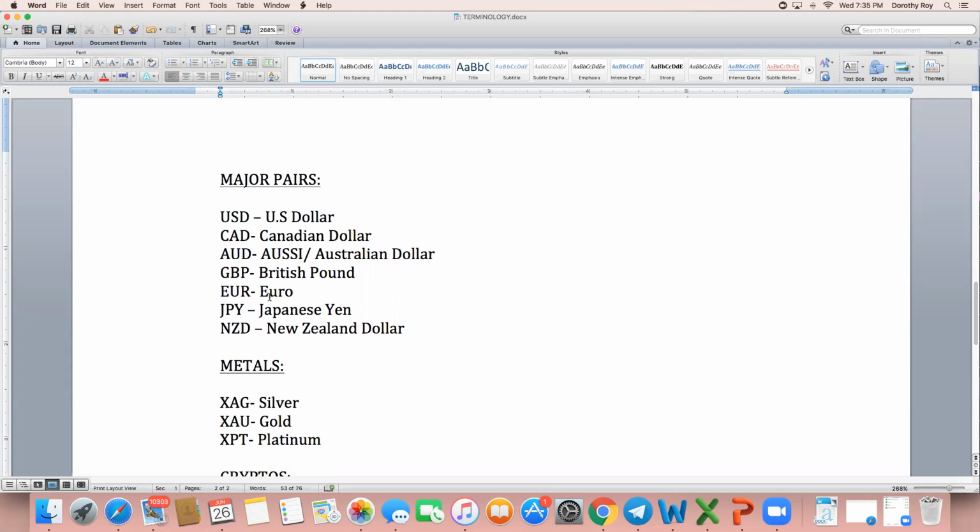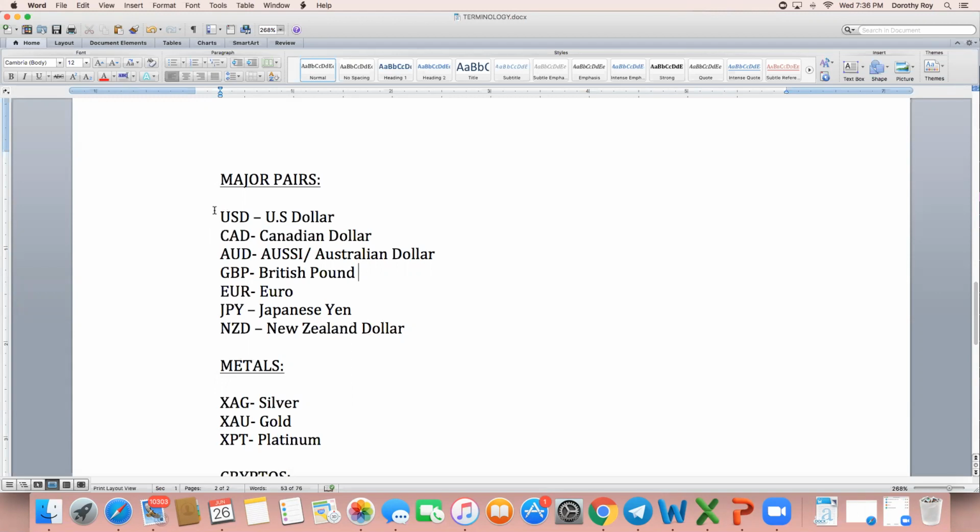The euro, which is EUR. And then the Japanese yen, JPY. And then NZD, which is the New Zealand dollar. I believe the Danish kind of goes with it as well, but these are the most important ones, okay?